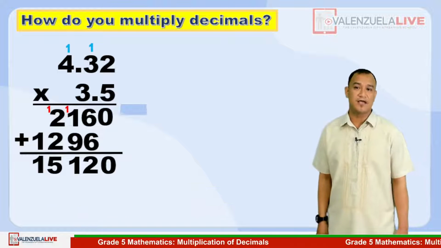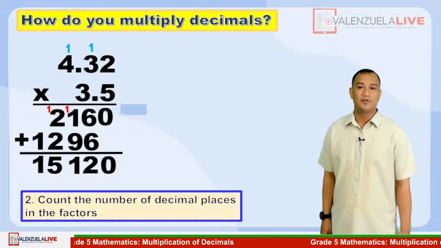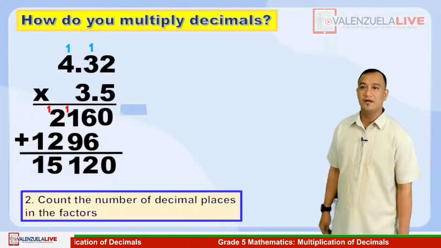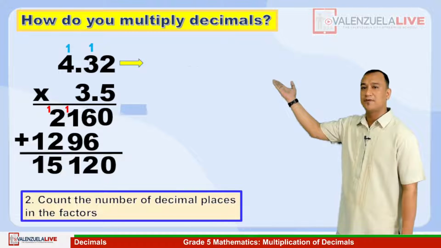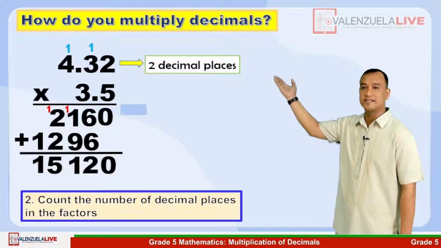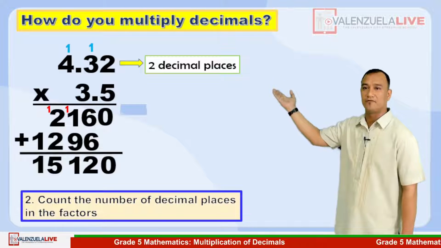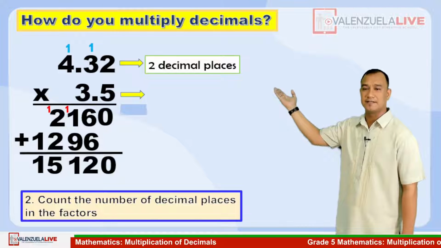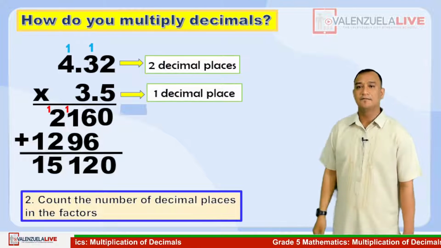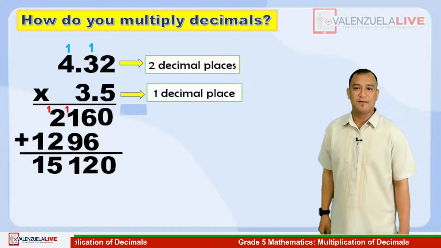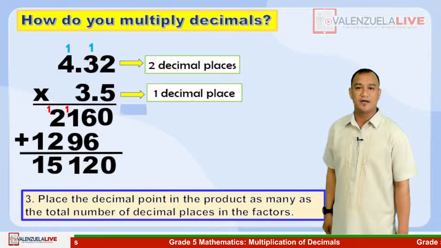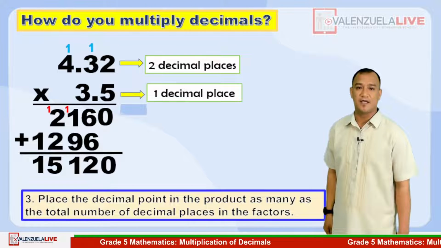For our second step, count the number of decimal places in the factors. And again, in our first factor, we have 2 decimal places. And for our second factor, we have 1 decimal place. For our step 3, place the decimal point in the product as many as the total number of decimal places in the factors.